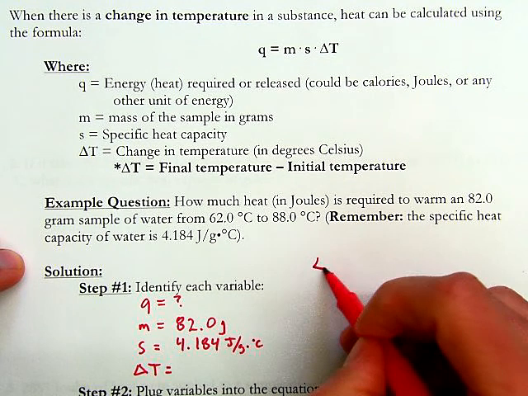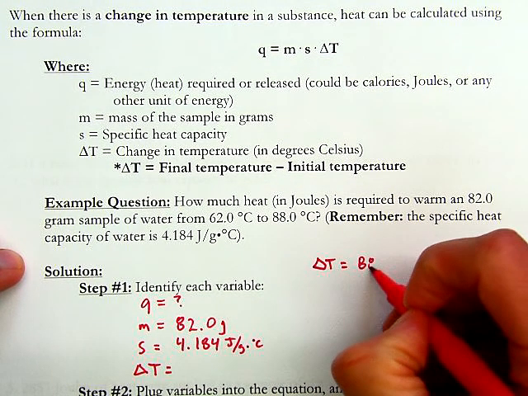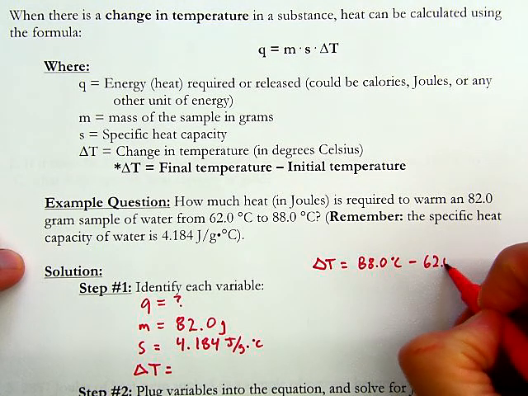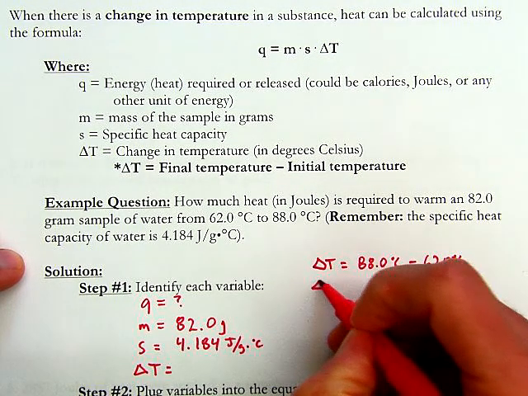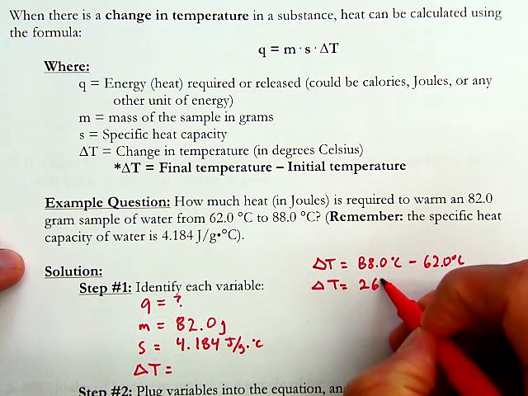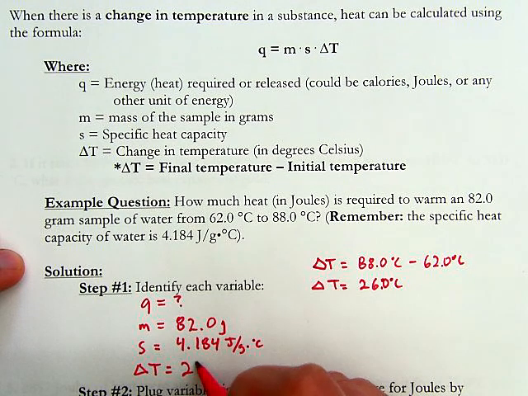So our delta T is going to equal 88 minus 62. So our delta T is going to equal 26 degrees Celsius.